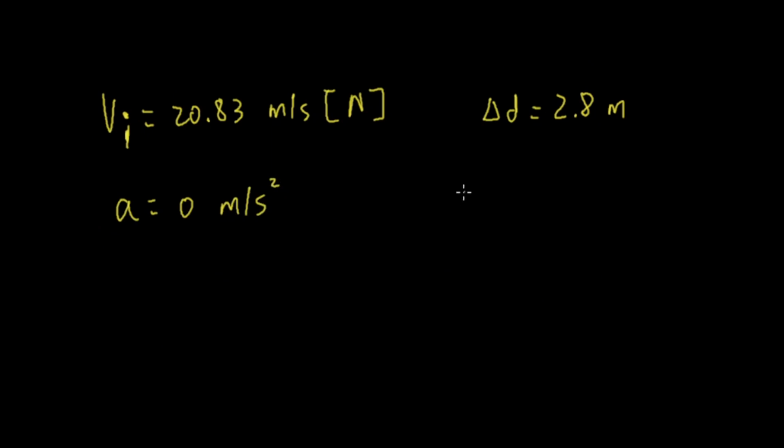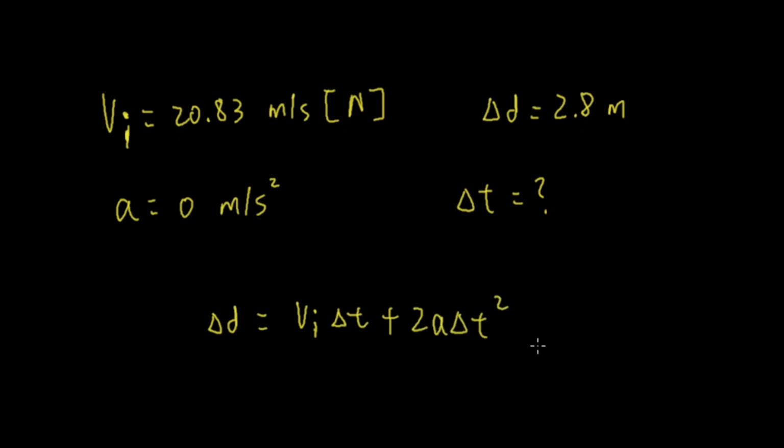Now we have to find the time, which is your reaction time. Which formula should we use? Now we should use this one, right? So delta D is equal to V initial times delta T plus one half A delta T squared, right? We have delta D, we have V initial, we have acceleration, then we can calculate delta t.